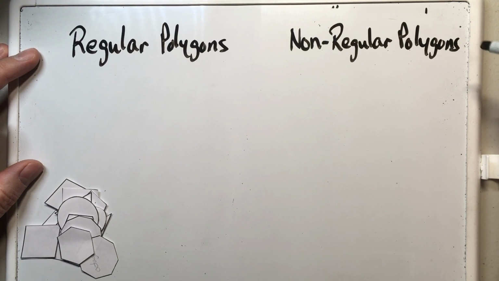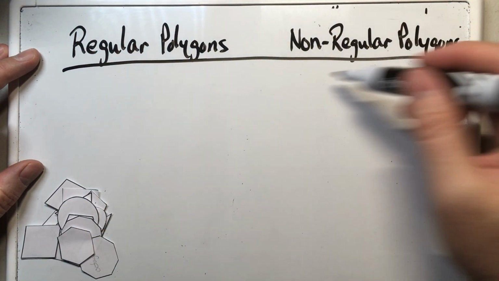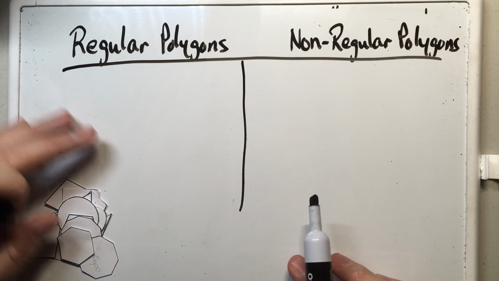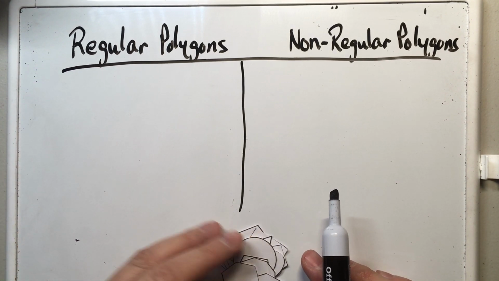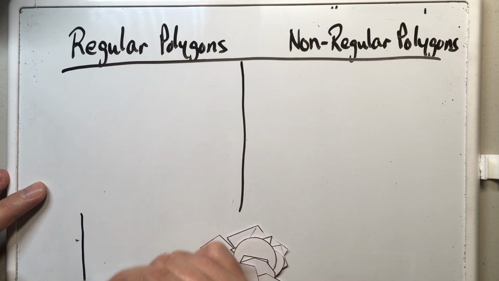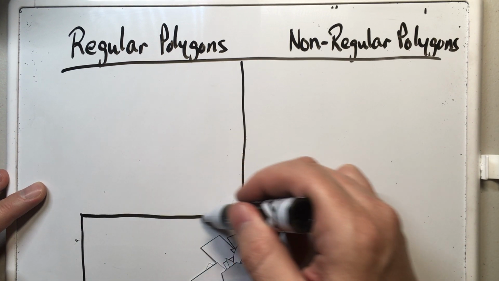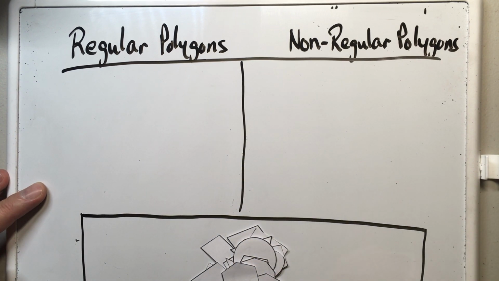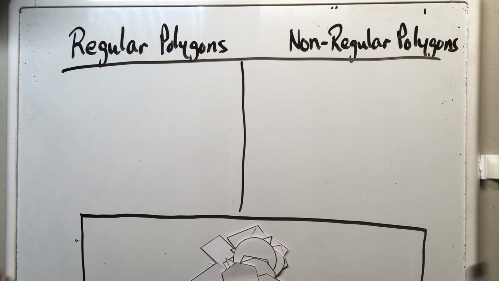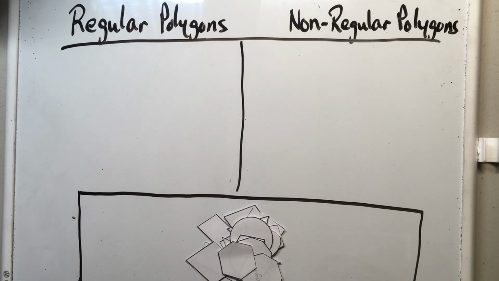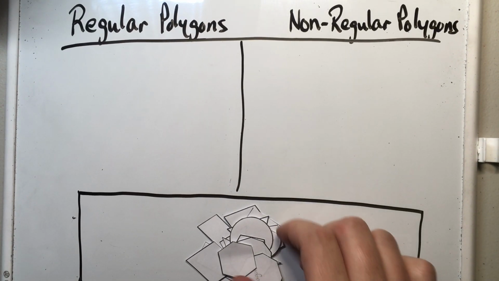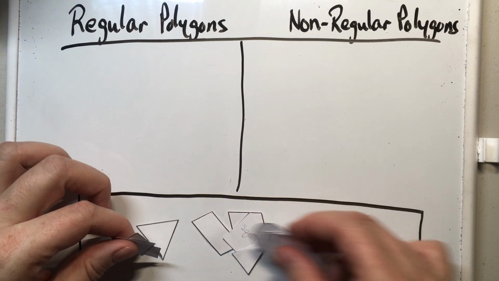Do a T-chart once again. Kids love a little box here, especially little children. Everything's in the little box. Practice, parents and students.